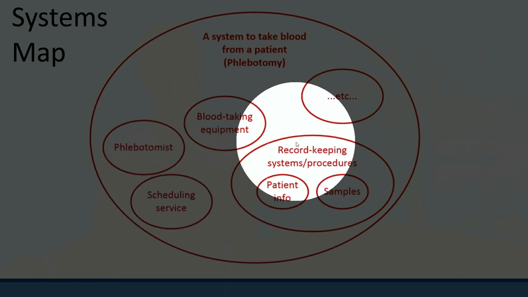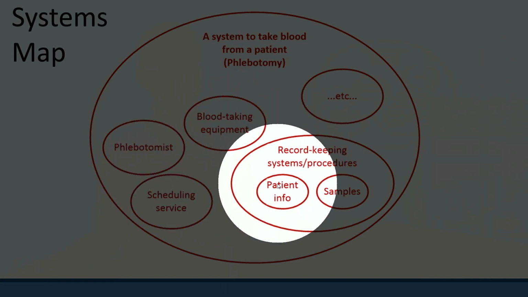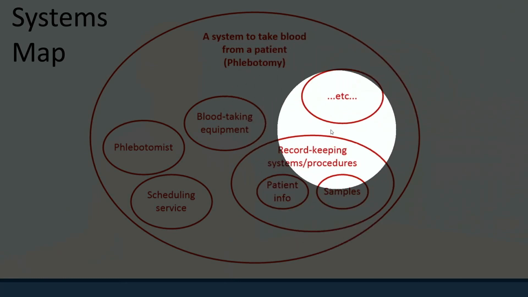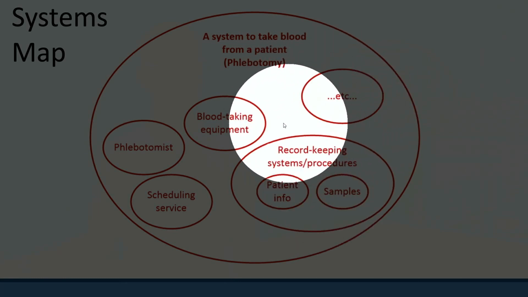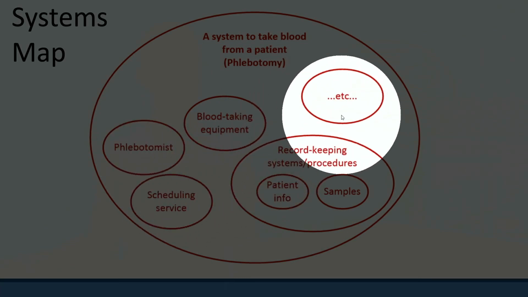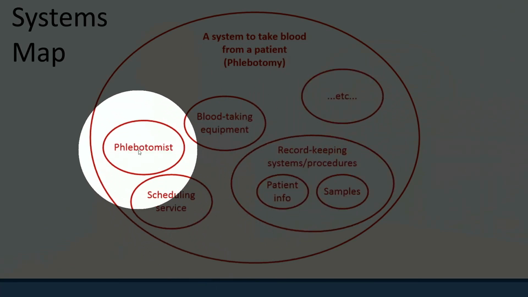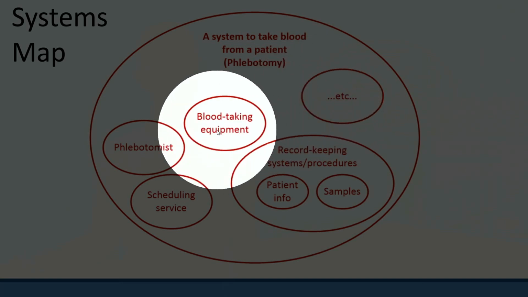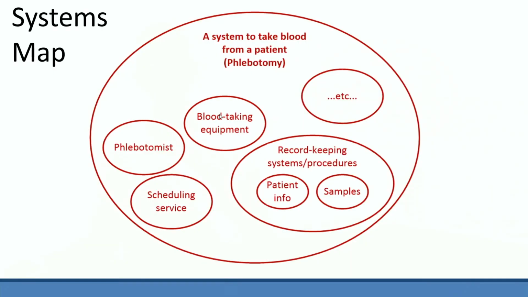Oh, and there's some record keeping, and inside that record keeping system there's patient information, there's samples, and there would be other things, of course. You just draw them as blobs. It's not a physical view, it's a conceptual view. Whatever someone says is relevant, just initially copy it down. It gives you a view of their perspective.